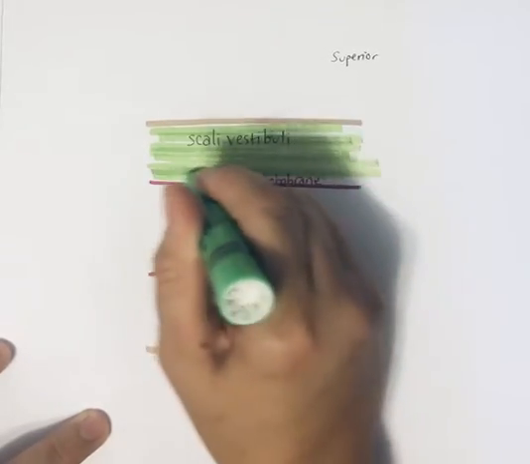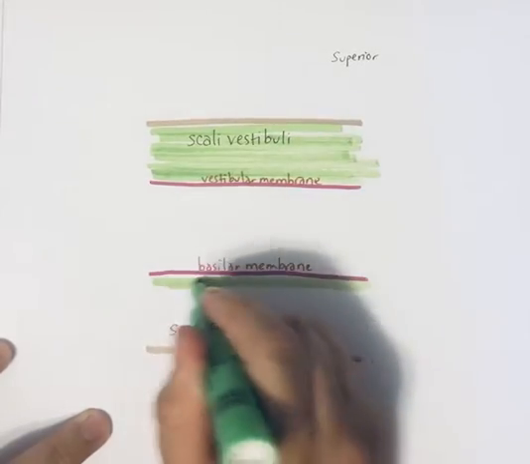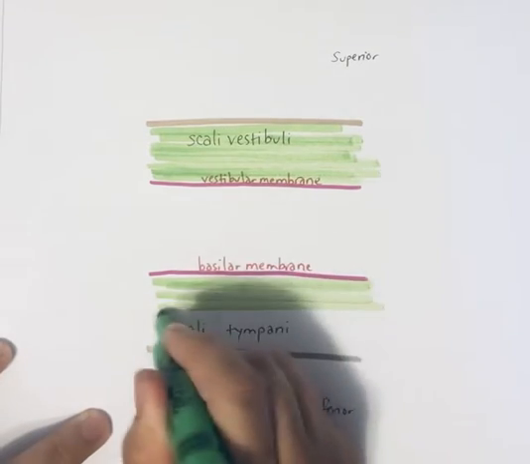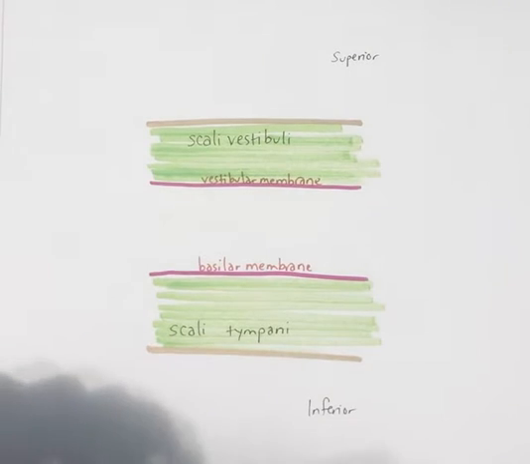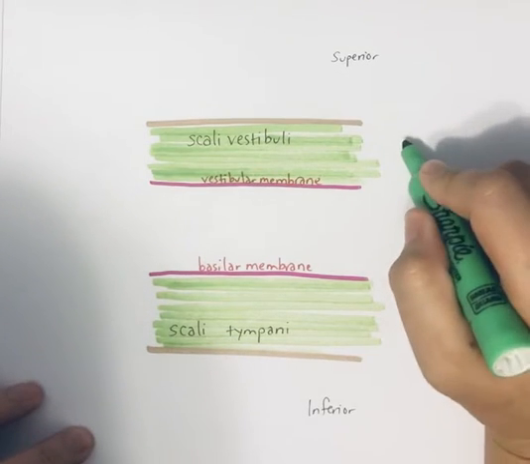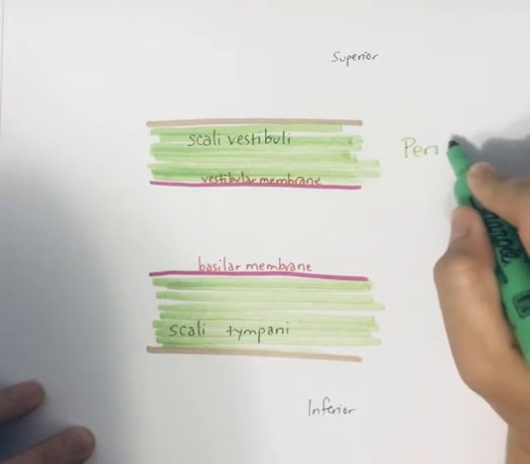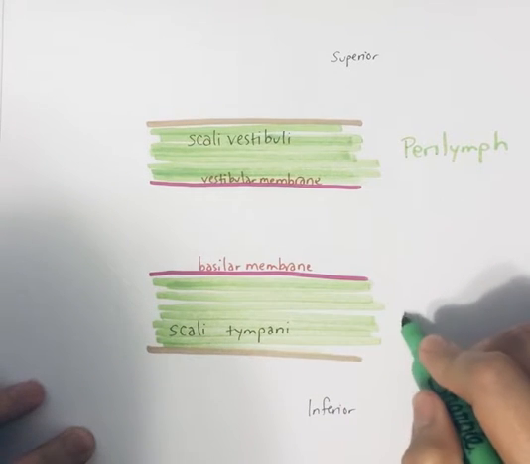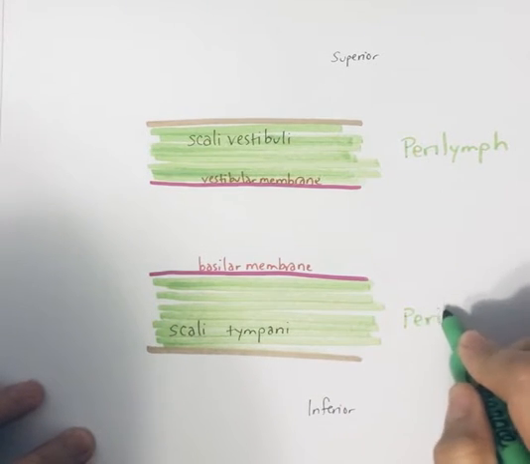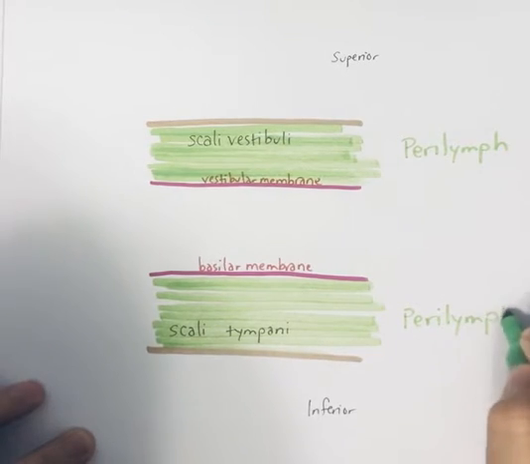So your osseous labyrinth is filled up with fluid, which I'm coloring in green, known as perilymph. Perilymph is always going to be found inside of the osseous labyrinth in both the superior and inferior chambers, which have their own names.